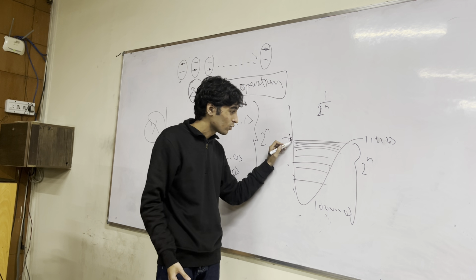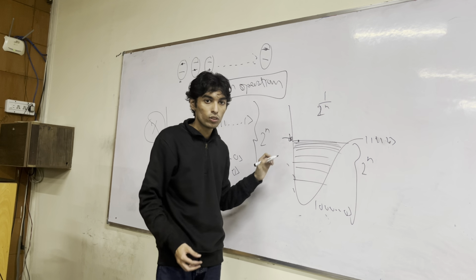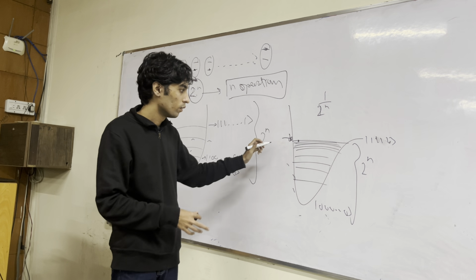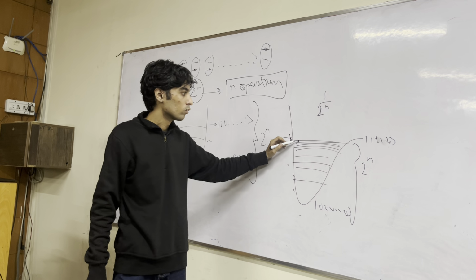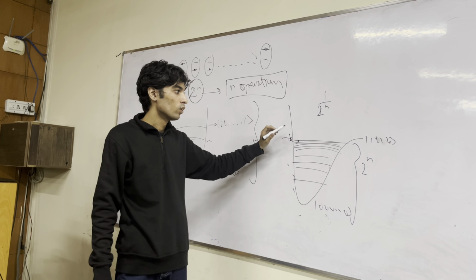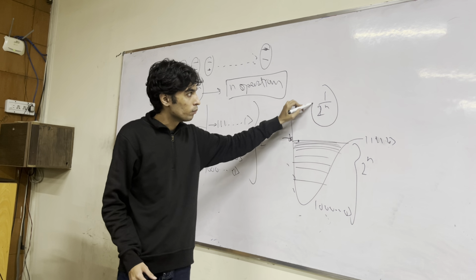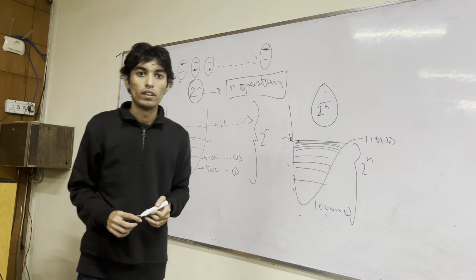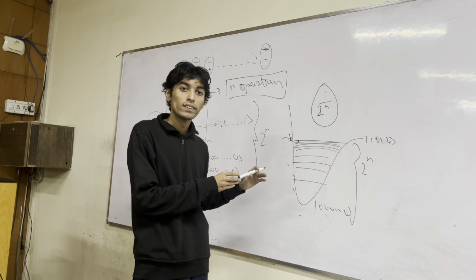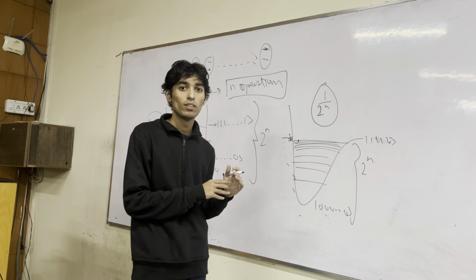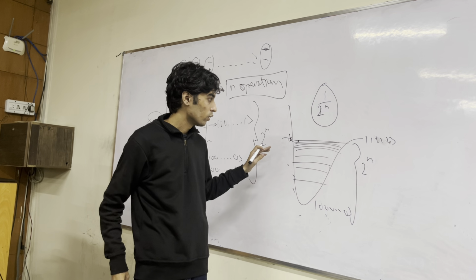But when you're trying to reach this part, there is a very small amount of energy shift, a very small difference from this part to this part, and to move from this part to this part you have to apply energy in a very precise and accurate way, and it turns out to be 1/2 to the power n accuracy. So as soon as the energy level increases, the precision requirement increases sharply, which is really bad when you're trying to compute with precision.